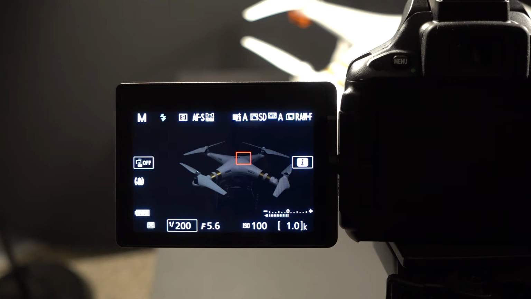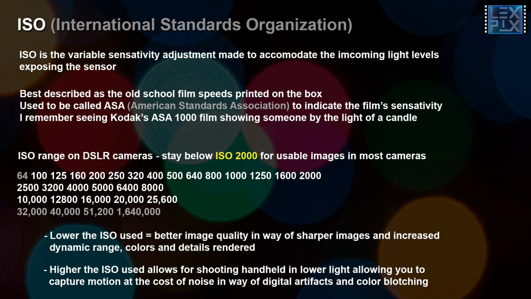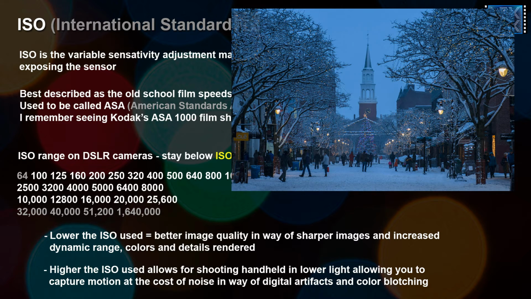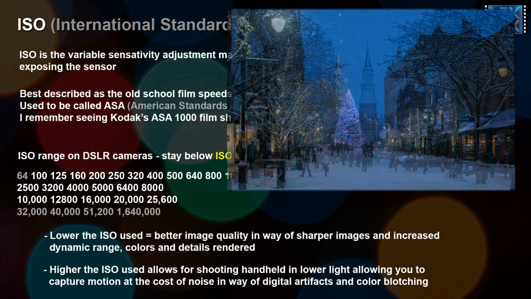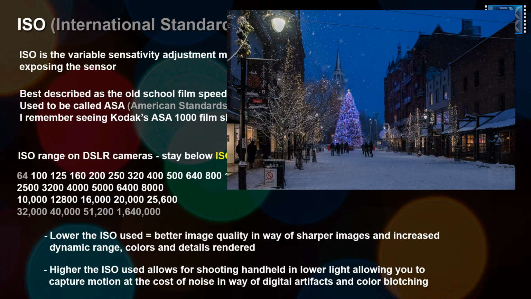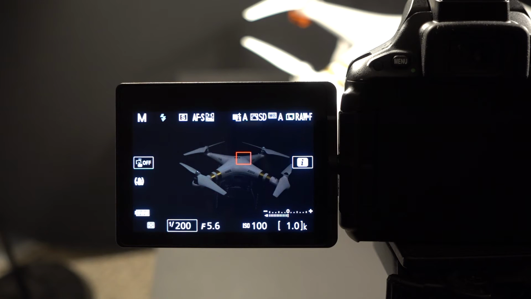It gets very noisy, blotchy, and granulated, heavily pixelated in some cases. So the lower the ISO used, the better the image quality, with sharper images and increased dynamic range, colors, and details rendered. If you can get away with it, set your ISO to the lowest you can. Higher ISO is used for shooting handheld in low light, allowing you to capture motion at the cost of noise in the way of artifacts and color blotching.